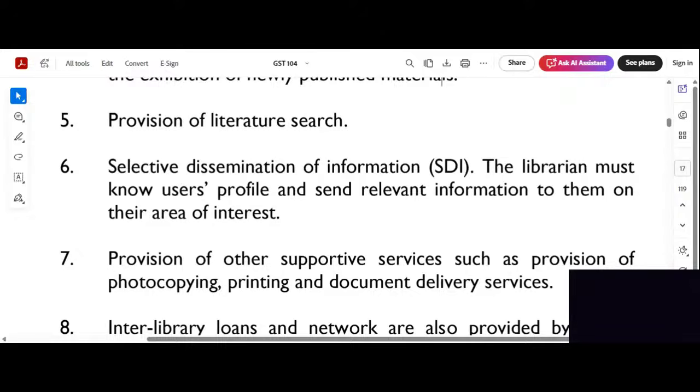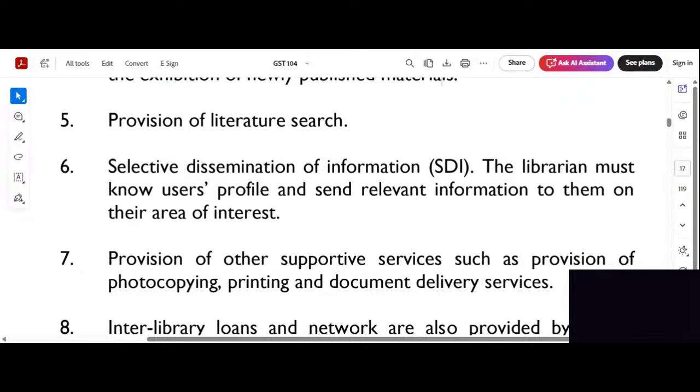You are somehow close, Dora. That makes sense. But one thing I want you to hold is that CAS is general, SDI is specific. CAS is general. Anybody that enters the library can see that, oh, these are new books, whether it is related to your research or not.